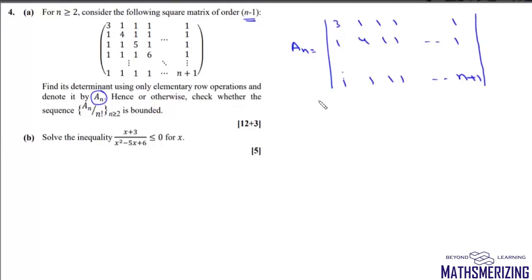Now what we'll do is we'll write any row as that row minus r1. So we'll do it for every row. Then we can write this determinant as 3 1 1 1 1.